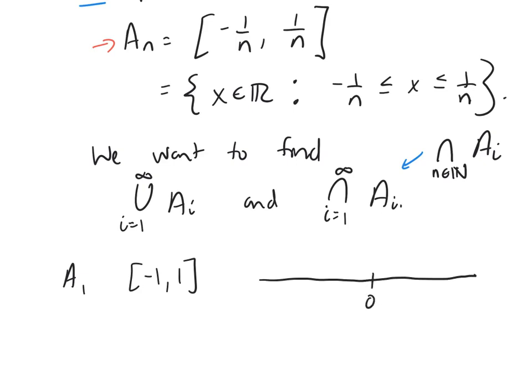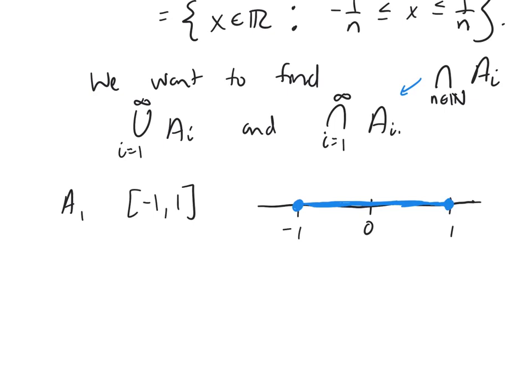So here's 0 in the middle, here's -1 and 1, and I'm going to fill in everything in the middle. And because this is a closed interval, I'm going to include my two endpoints as well, so I'm going to use filled in circles here.